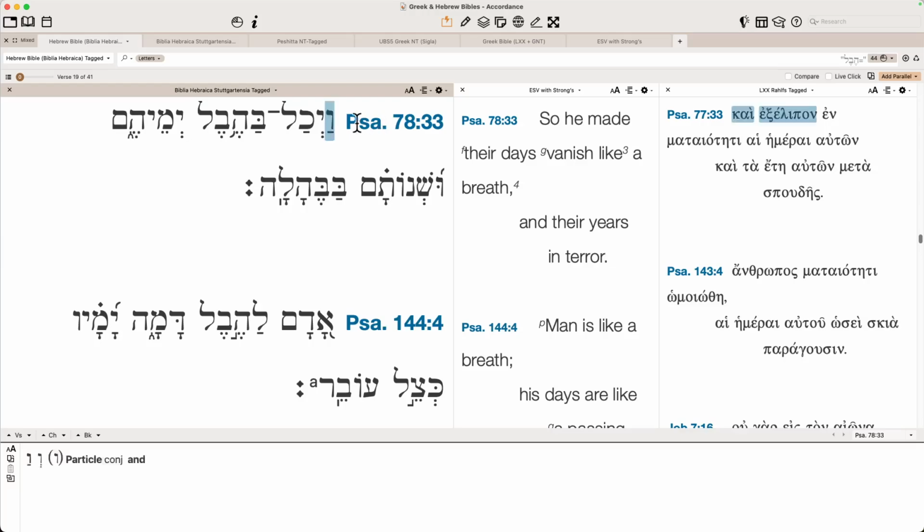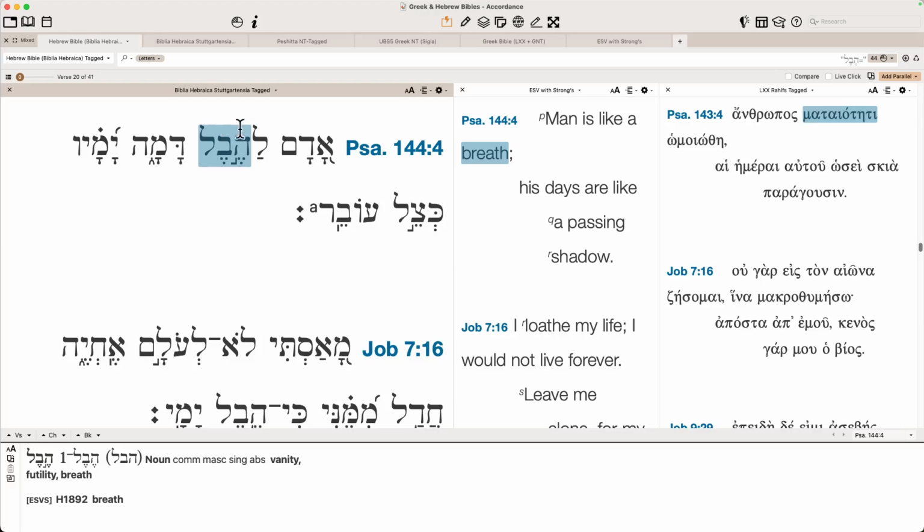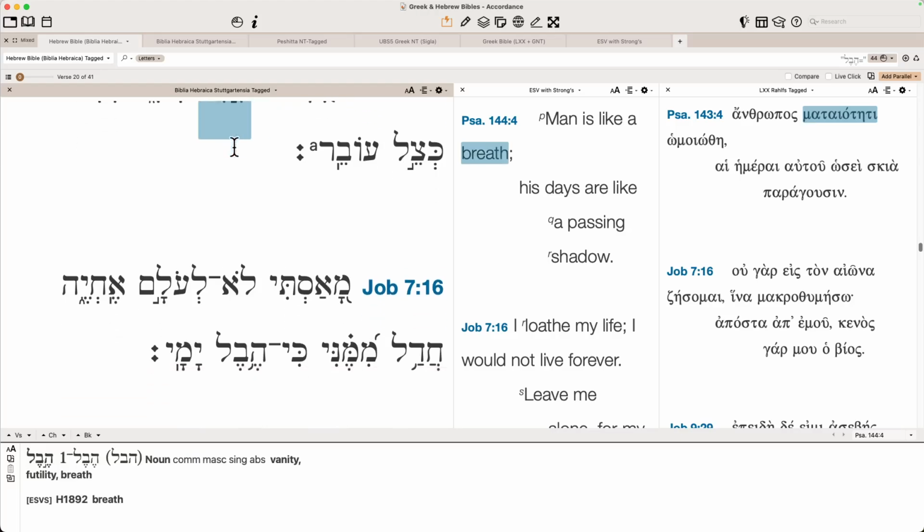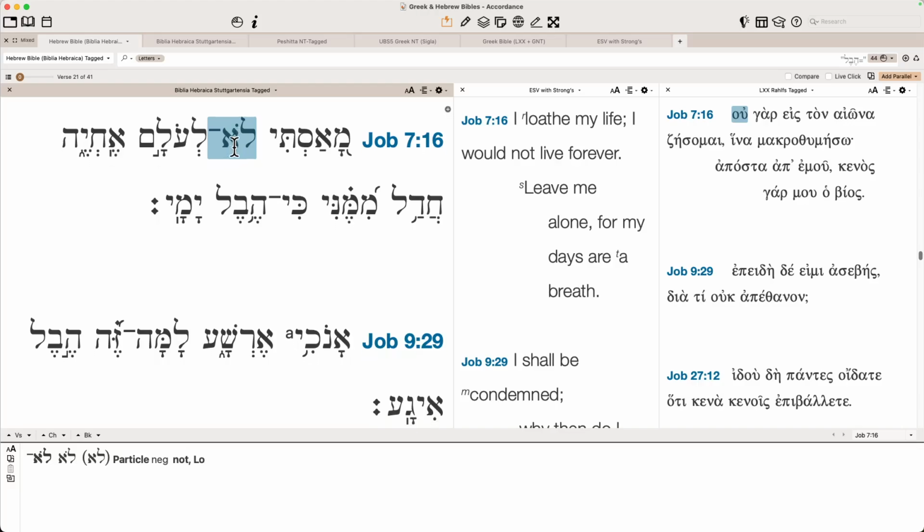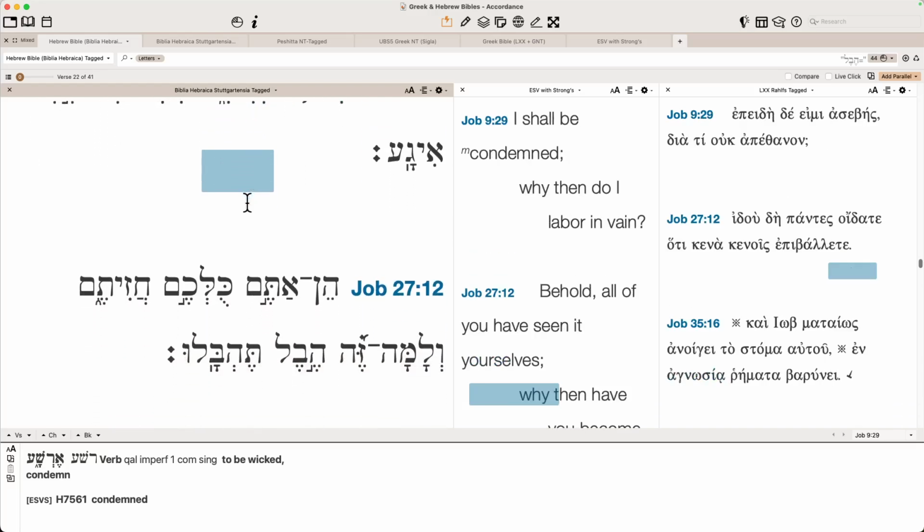78:33. It is their days. It is completed in Hebel. 144:4, Adam, for a Hebel, a breath. I love my life, leave me alone, for all my days are Hebel, a breath.